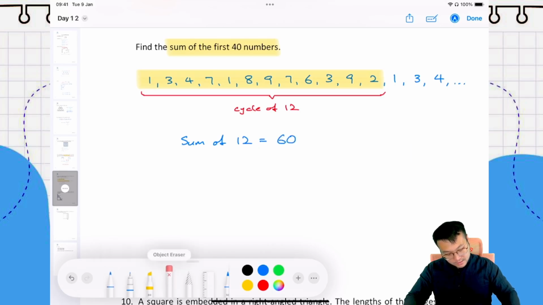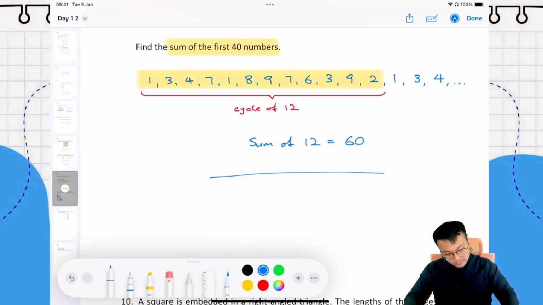So once you get 60, right, you want 40 numbers? So how many cycles are there? Number of cycles. You want 40 numbers, but they repeat every 12 numbers.